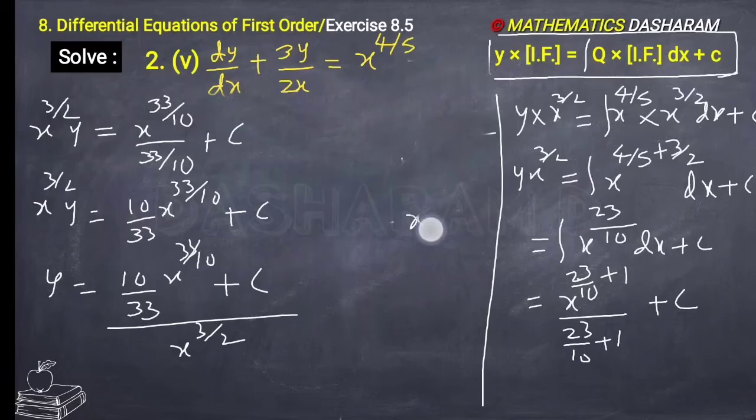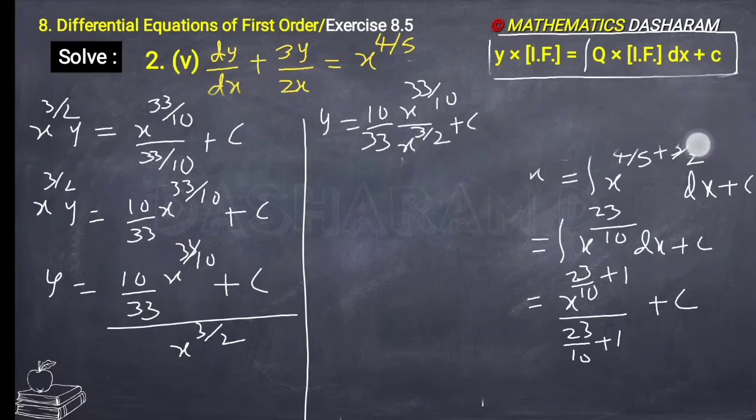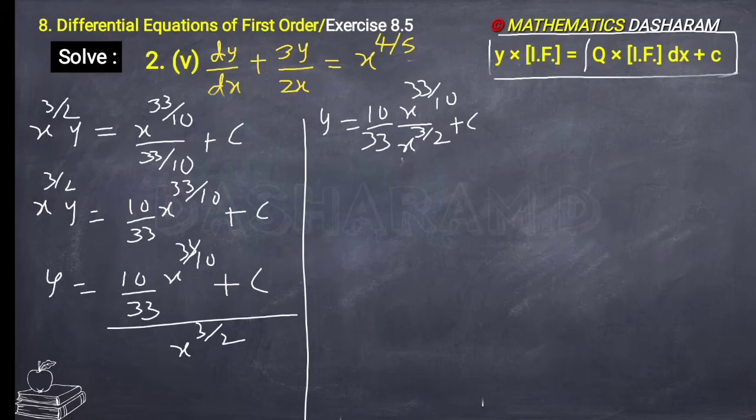So y equals to 10 by 33 into x to the power of 33 by 10 by x to the power of 3 by 2, plus c by x to the power of 3 by 2.